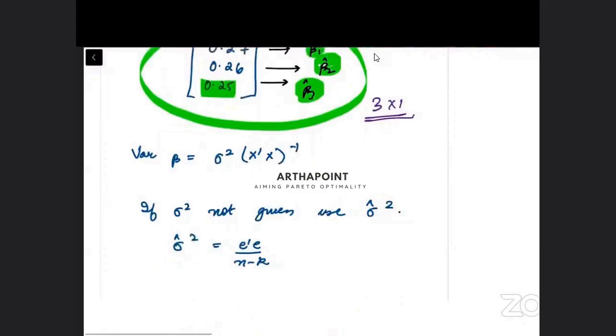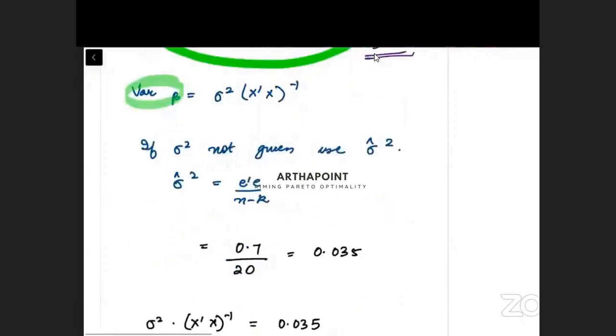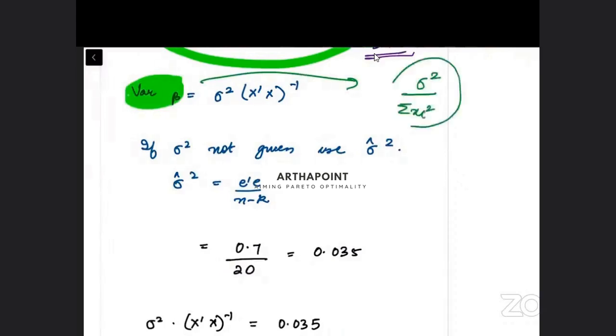Now we want to talk about the variance of beta. Again, if you go back to your two variable regression and check your variance, it was sigma squared upon summation x_i squared. That was the variance of beta 2 in a two variable model. So exactly something like this: the variance of beta is sigma squared X transpose X inverse.